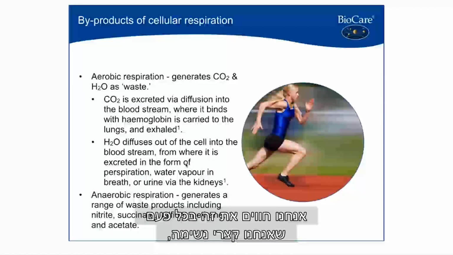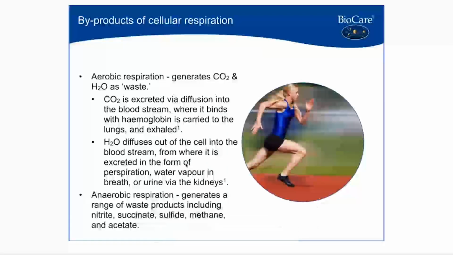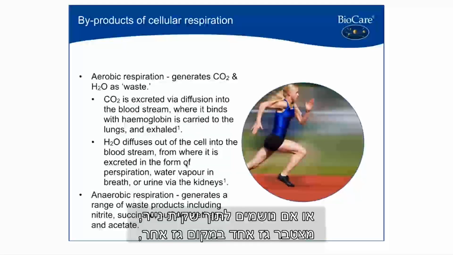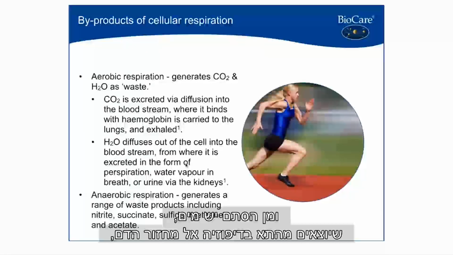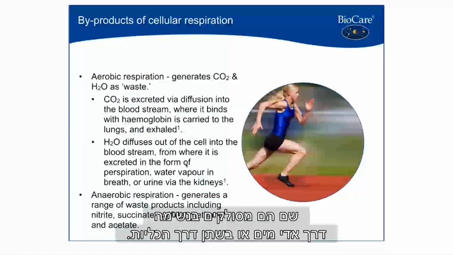We experience that every time we are out of breath, or if you breathe in a paper bag, you have an accumulation of one gas instead of the other. So these are direct examples of gas homeostasis between oxygen and CO2. And water diffuses out of the cells into the bloodstream, where it is secreted through perspiration, water vapor in breath, urine, and kidneys.